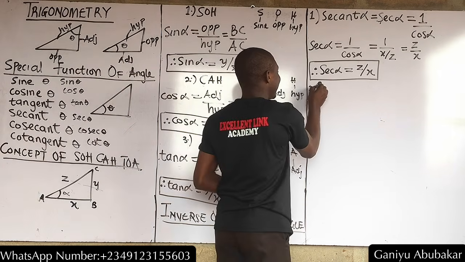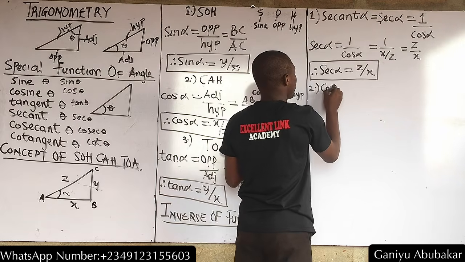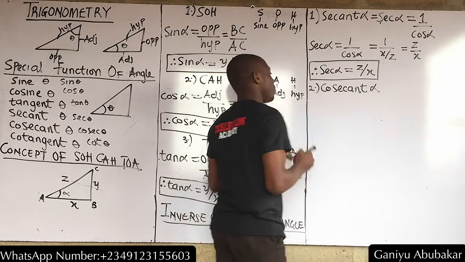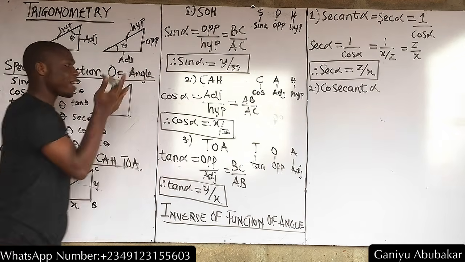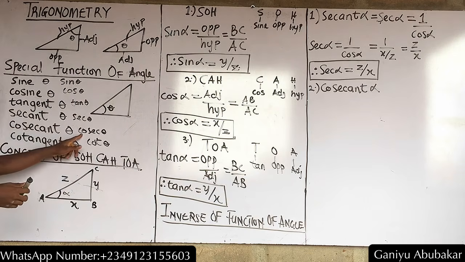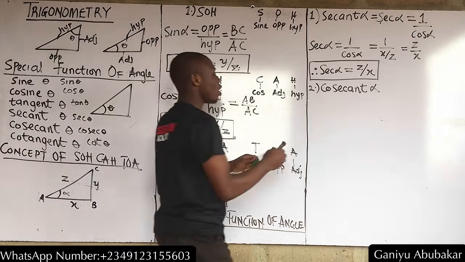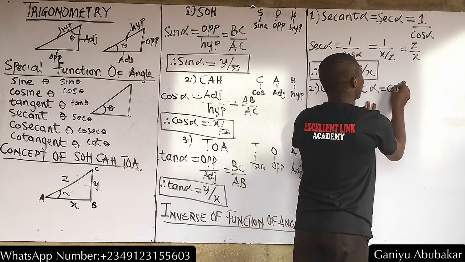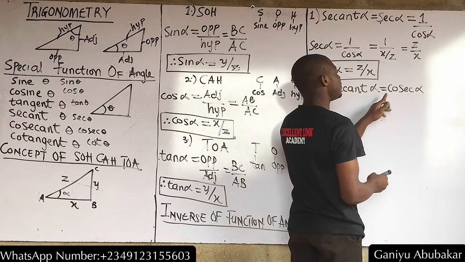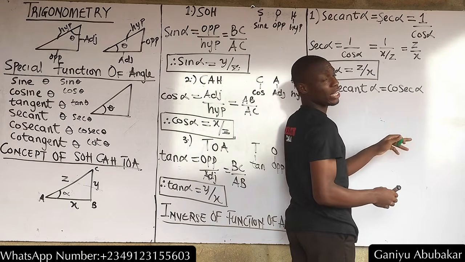Number 2, there I see there are about 3. Number 2 is called cosecant alpha. What's the short form of writing cosecant? We just said that the short form of writing cosecant is cosec. So it means that I'll be having cosec alpha, right? What's the mathematical expression for cosec alpha?